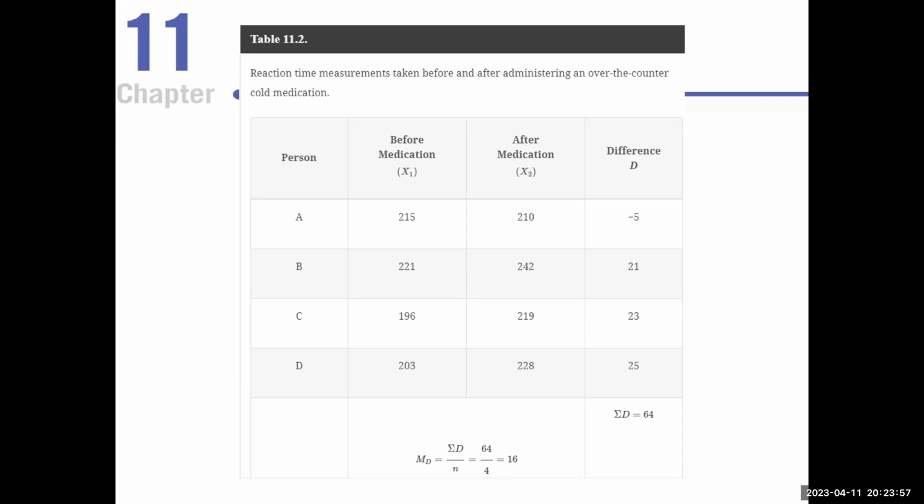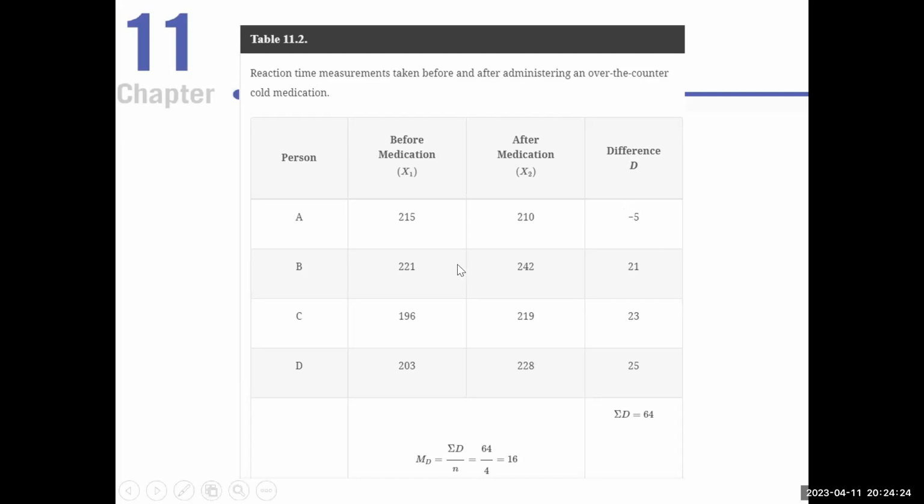And now you're looking at an X2, their reaction time measurements after the medication. For person A, their reaction time before medication was 215, and their reaction time got better, right? So there was a reduction, so then you have a negative difference, right?